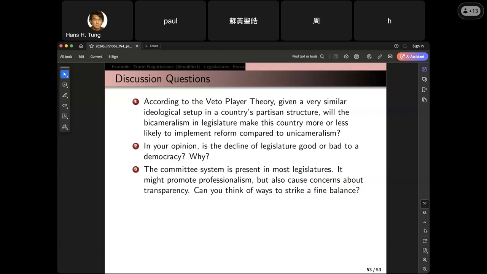Another reason is that a lot of the members of Congress are not necessarily experts, but the people who work for the governments tend to be experts, right? They have to pass certain civil service exams, and they can hire experts, and they are more resourceful. So there has been a discussion for quite a while that in modern times, the legislature and its function is kind of declining. That's why the question: do you think the decline of this is good or bad for democracy, and why?